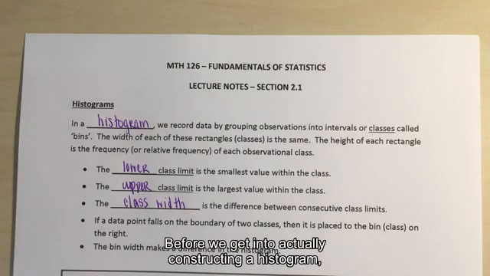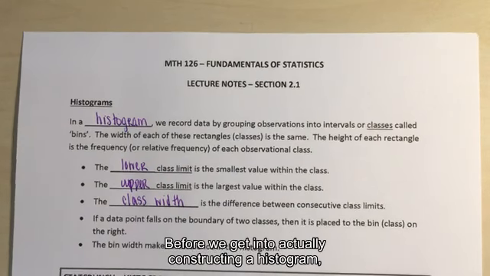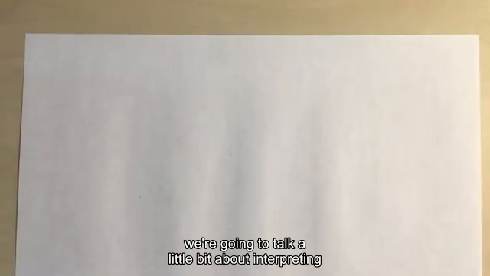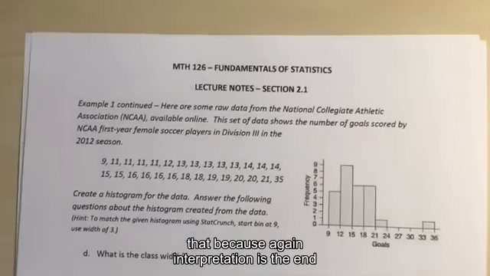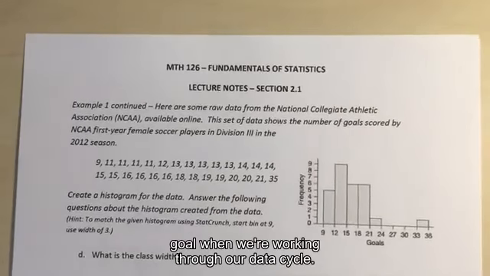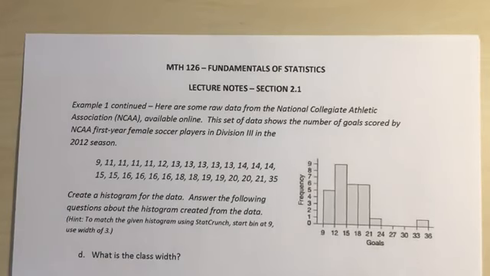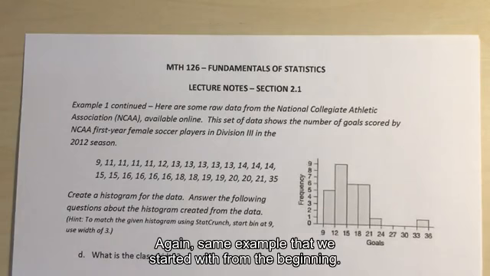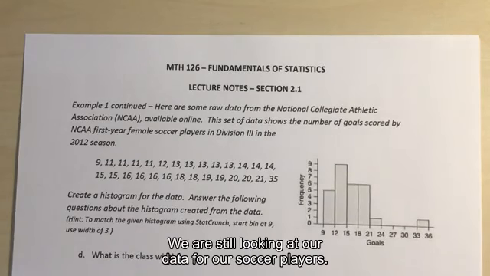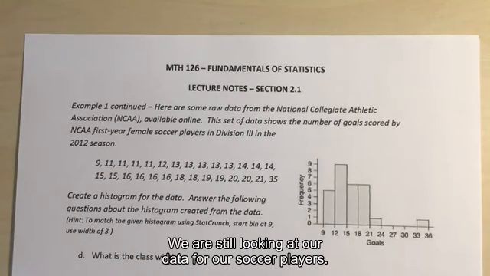Before we get into actually constructing a histogram, we're going to talk a little bit about interpreting it, because interpretation is the end goal when we're working through our data cycle. Same example that we started with from the beginning: we are still looking at our data for our soccer players.